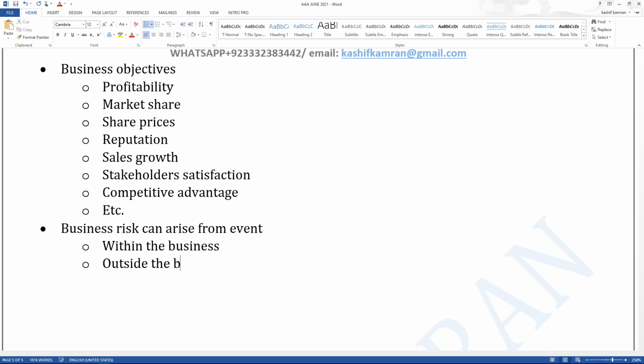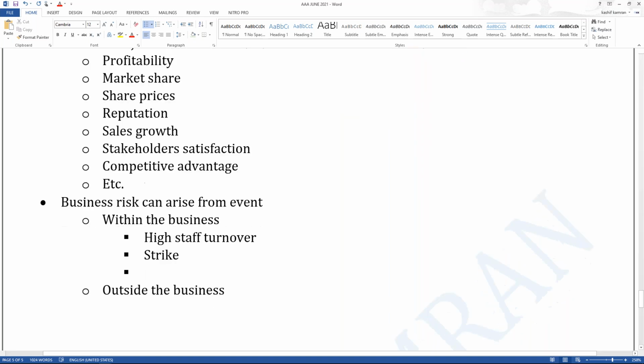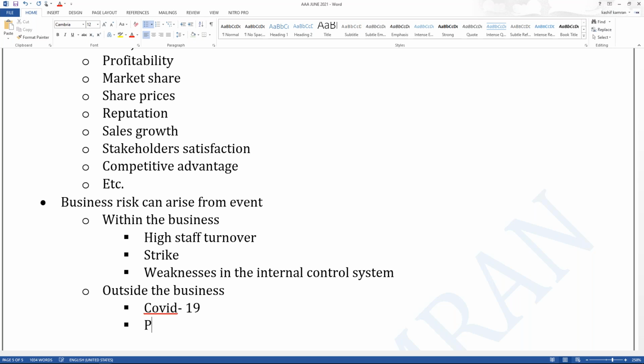Within the business: high staff turnover, a strike by the trade union, any weaknesses in the internal control system is a business risk. Outside the business: COVID-19, PESTLE, etc. So business risk can arise from events within and outside. I hope you agree. Quick answers from your side. Agree, disagree?